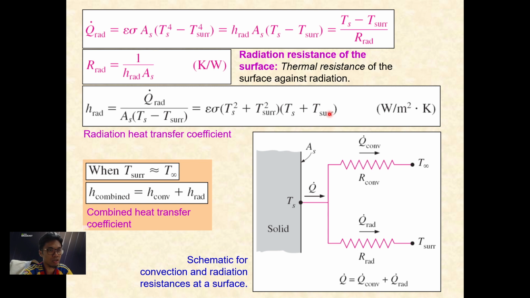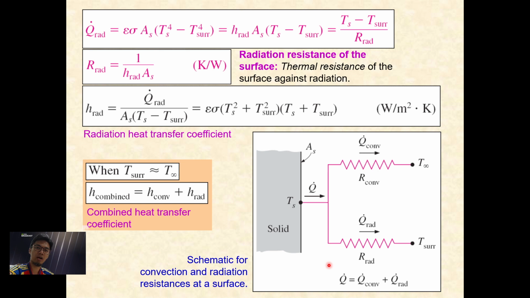So in the case of Q radiation, you must know that you must add up Q radiation plus Q convection to get the actual Q total of heat transfer of convection and radiation.